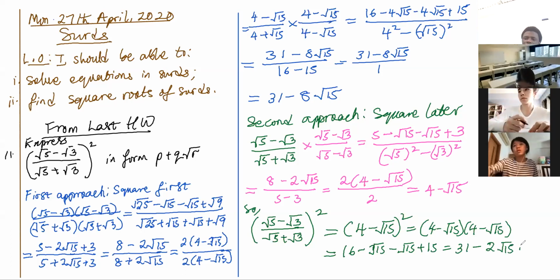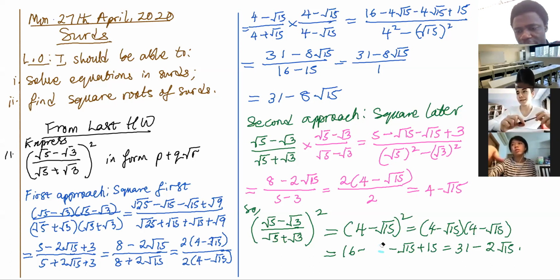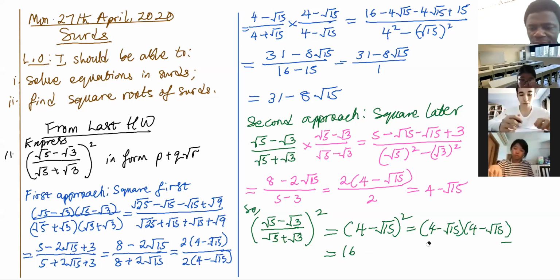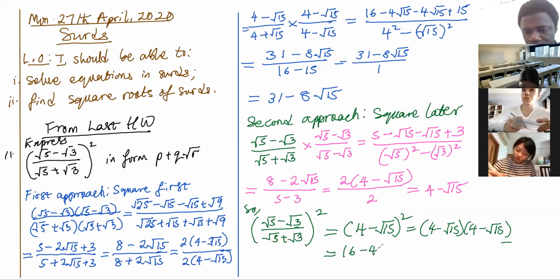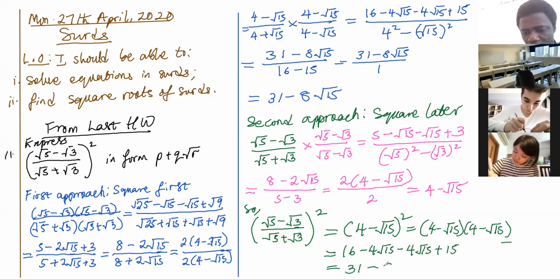Oh, wait, something is wrong. That's 4 root 15, not root 15. My bad. Should be 4 root 15 minus 4 root 15, then plus 15. And finally, you get 31 minus 8 root 15.